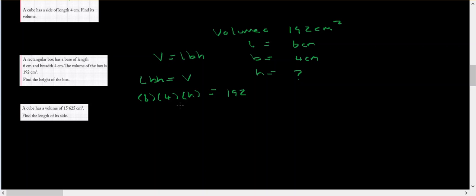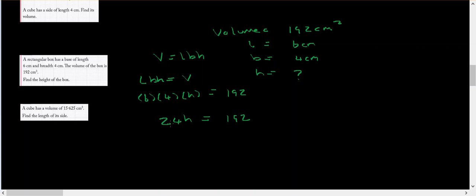Now we have to work this out and manipulate our formula. We can get rid of the brackets and multiply this out. So 6 fours is 24, and 24 by h will be 24h is equal to 192. Now we want to get h on its own.